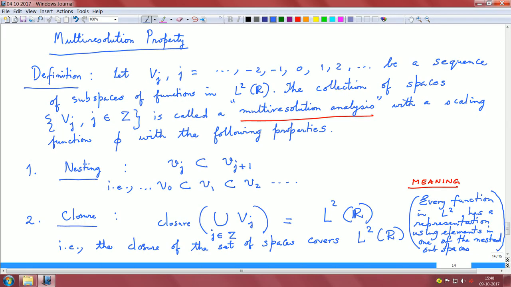Now similarly here it is saying that every function in L2 has a representation using elements in one of the nested subspaces, but the distinction is certain other properties like nesting, shrinkage, scaling, shift orthonormality, etc., which is not there in perhaps certain other transforms.